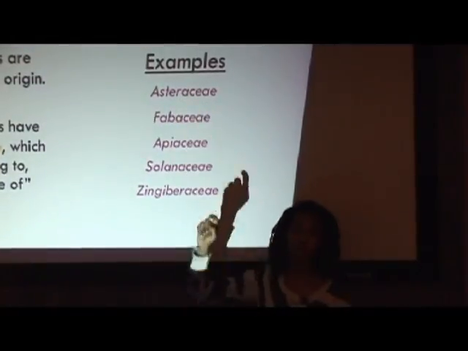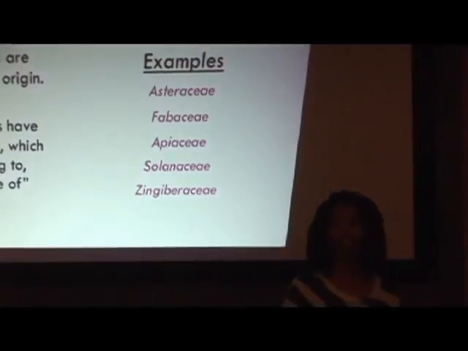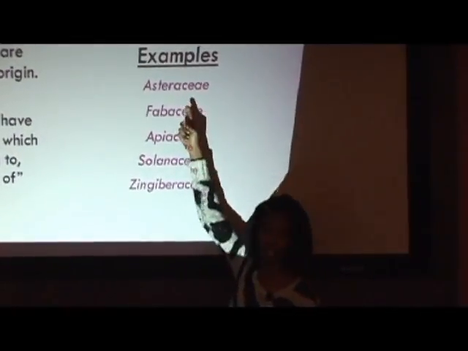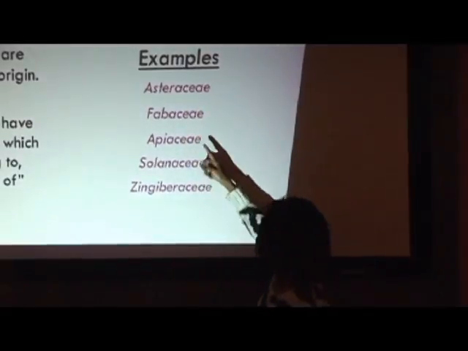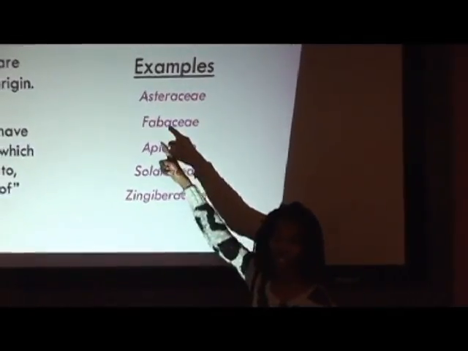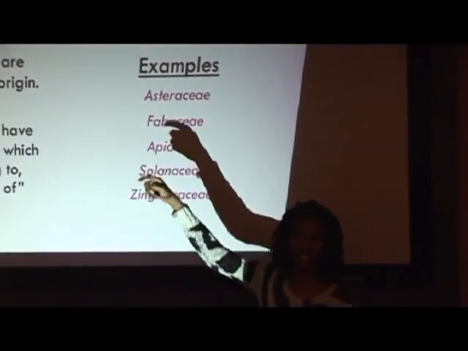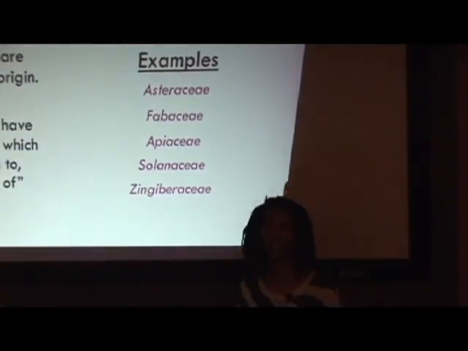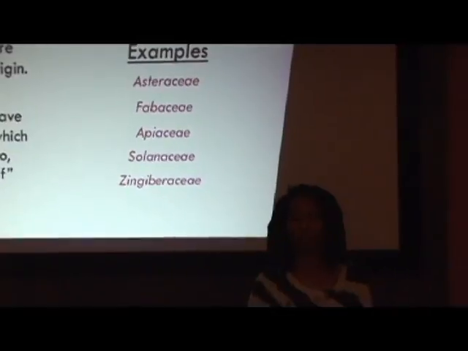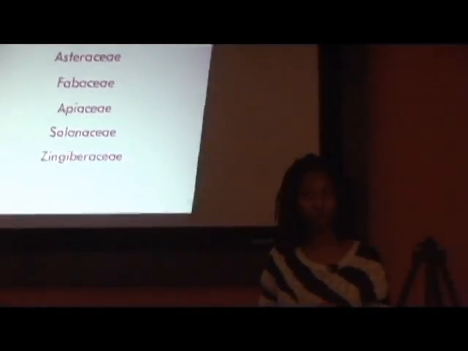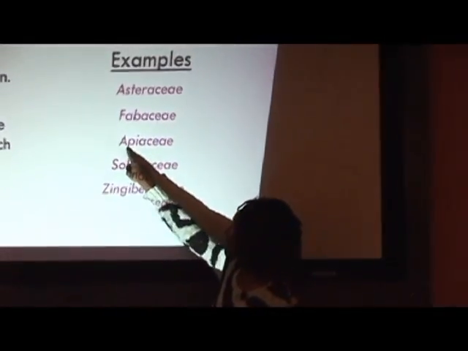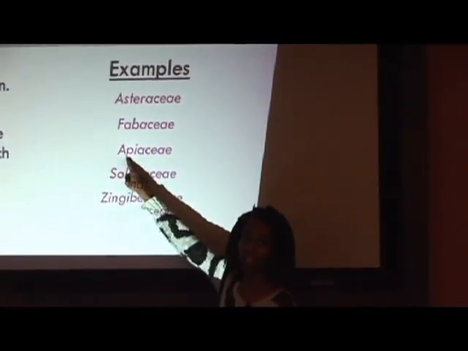Aster. Who remembers what aster means? Star. Therefore, this refers to plants that are shaped like a star. Okay? Faba. That means bean, like fava beans. It refers to plants that are beans, peas, legumes. This comes from apium, A-P-I.